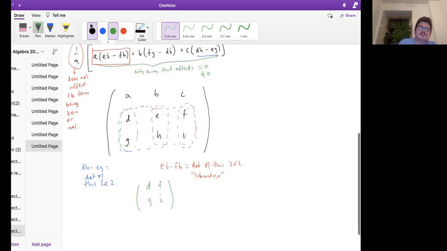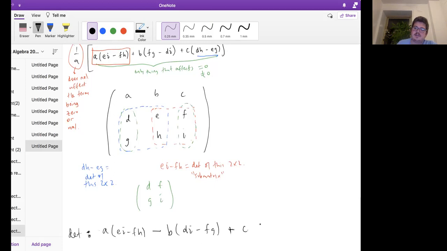So why don't we just write the determinant is A times EI minus FH, and we're going to factor out a negative, minus B times DI minus FG, and then plus C times DH minus EG. So FG minus DI equals the negative of this determinant.